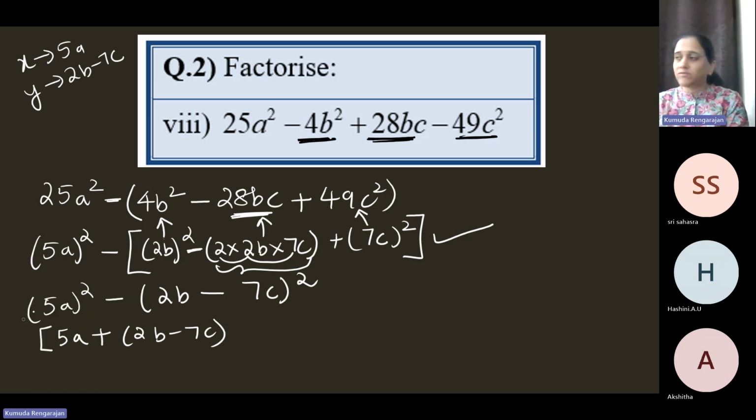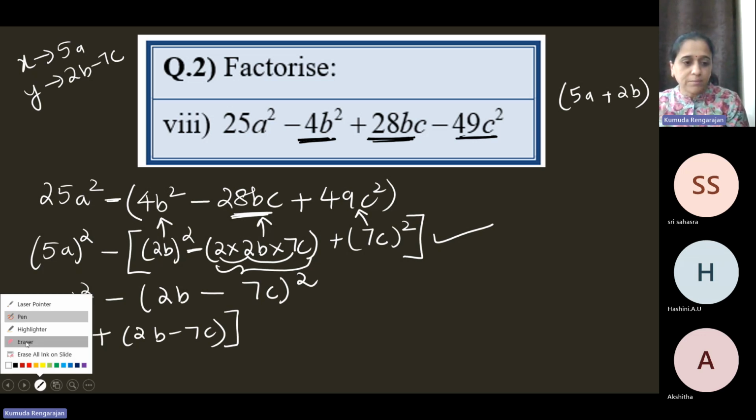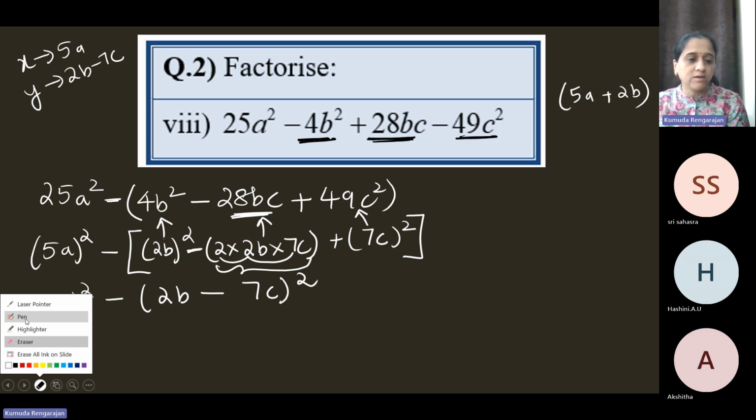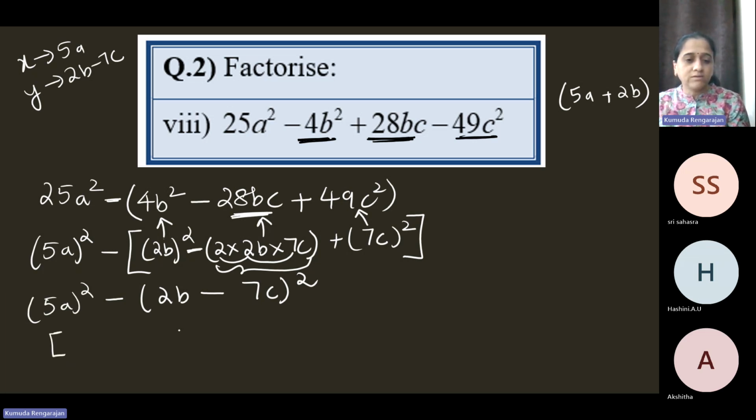See, for x, if there's only one term, and for y, if there's only one term, then supposing x is 5a and y is 2b, you can directly write like this in simple brackets. But here, y itself has two terms. So you'll have to write it like this. Use a square bracket.